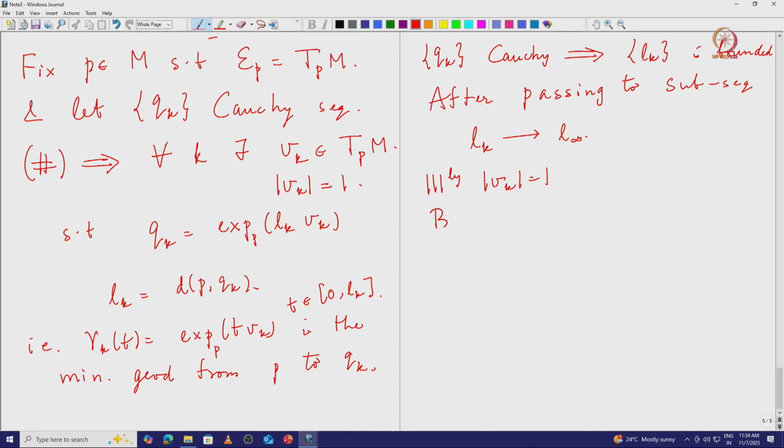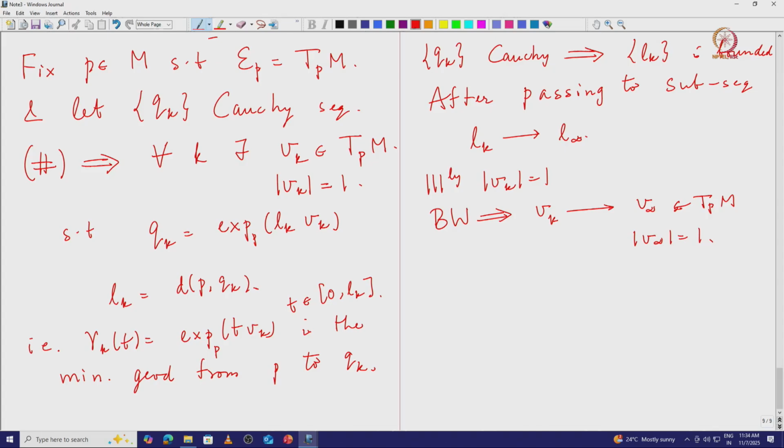So, by the Bolzano-Weierstrass property in Rn, okay, I am not using the Bolzano-Weierstrass property on M, just in Rn, again up to passing to a subsequence, Vk converges to some unit vector V infinity. Okay.